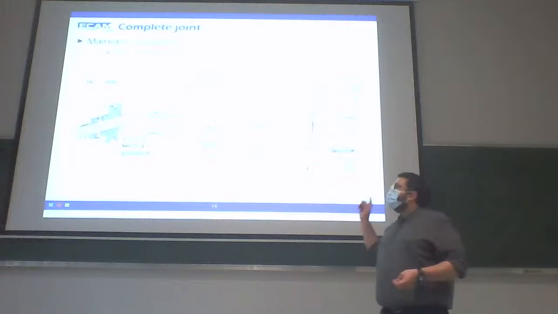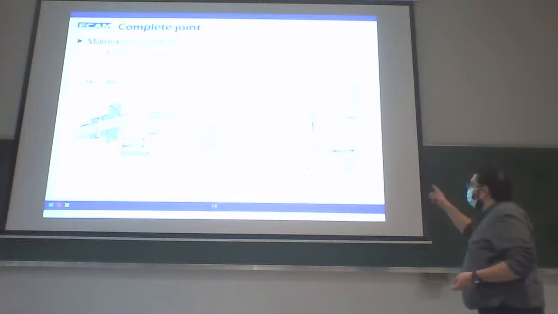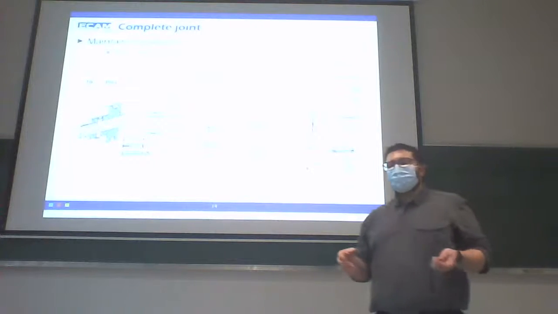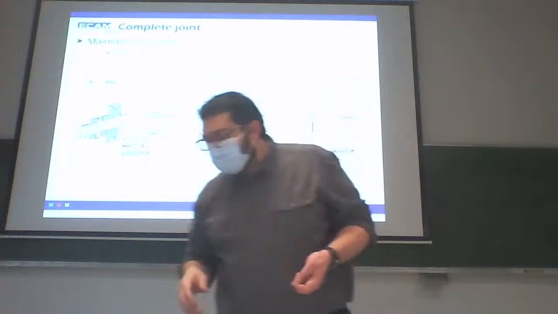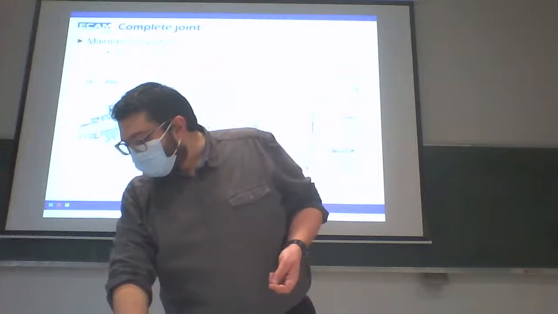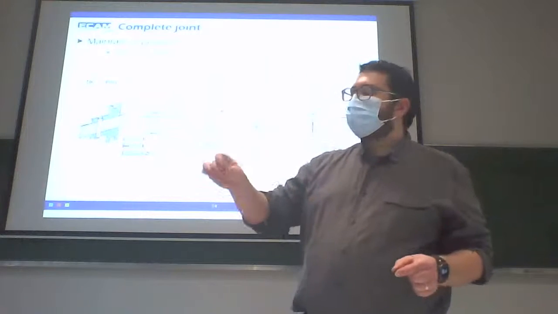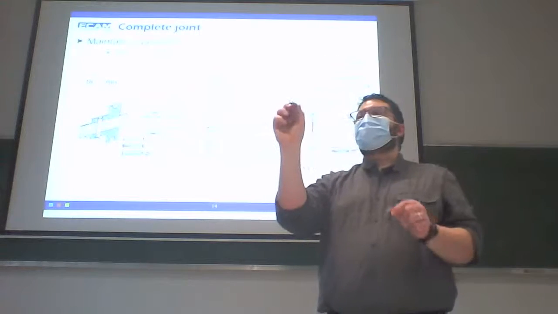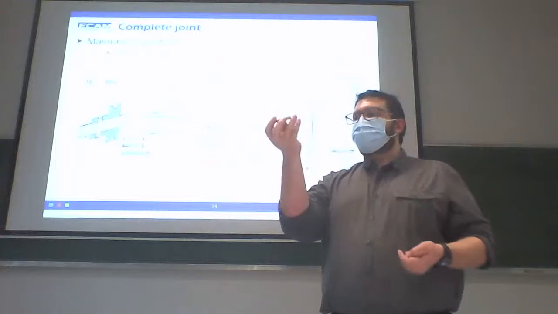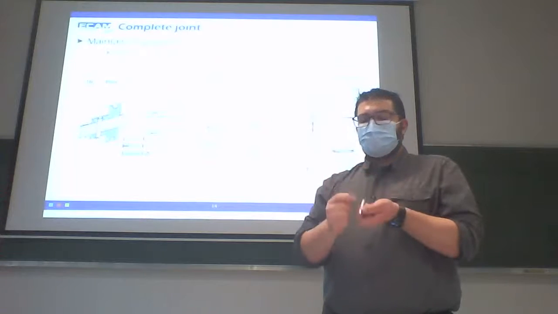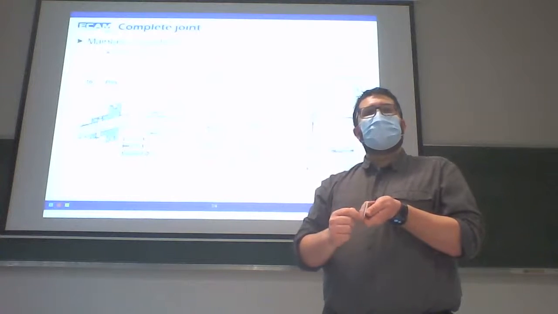We can use fluted pin, okay, or elastic pin. Here, I have an example of elastic pin. So it's a pin like this. Well, it's like a tube, but with a groove on all the length.